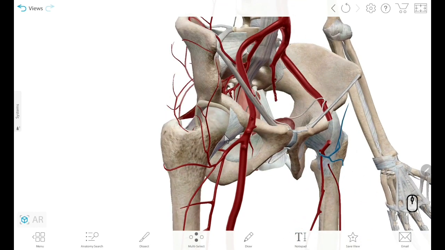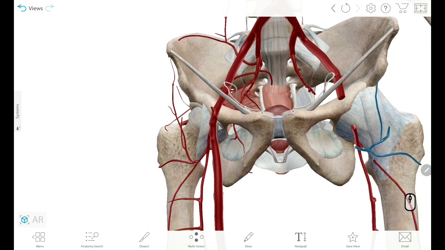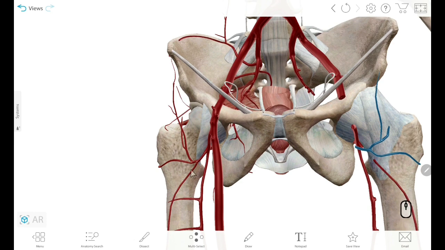First is around the trochanteric fossa. This structure is the trochanteric fossa, and the anastomosis formed by these arteries in the trochanteric fossa is known as trochanteric anastomosis. Rotating the model, we can see the lesser trochanter of the femur. This was the greater trochanter of the femur lying adjacent to the trochanteric fossa, and this is the lesser trochanter of the femur.